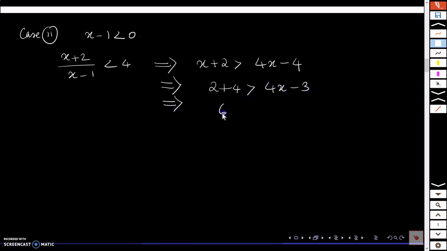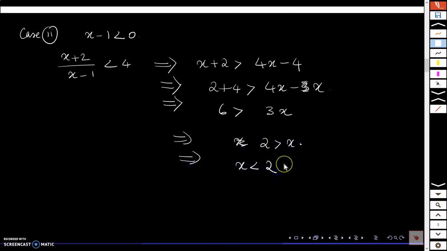This will mean 6 is bigger than 3x. This will mean x is strictly less than 2, or you can say 2 is bigger than x.